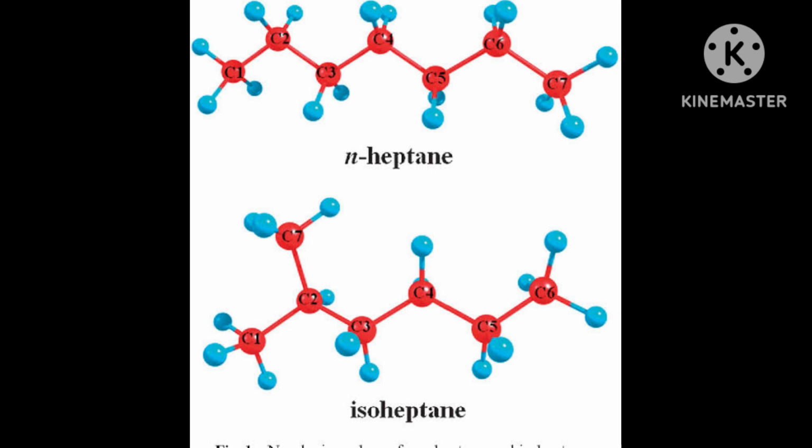Normal heptane is a straight chain hydrocarbon. All carbons are joined to each other in a straight way, and with each carbon, hydrogen is joined. They are making bonds with carbon.